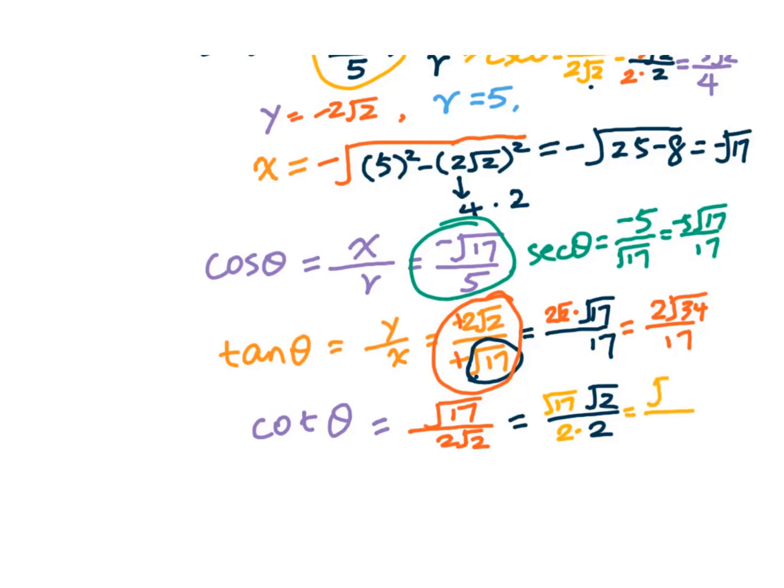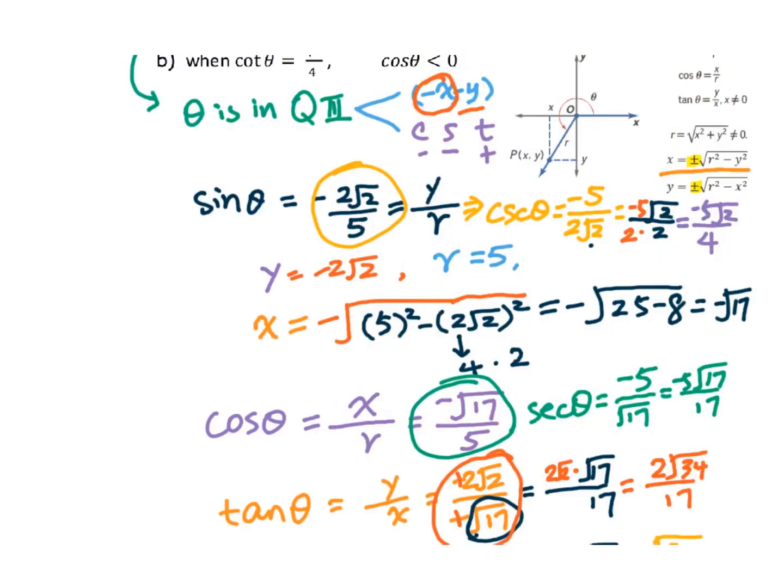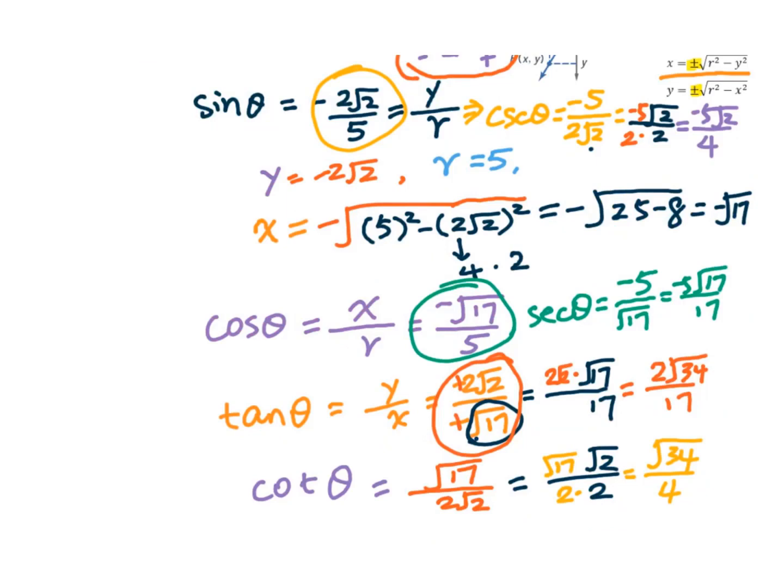So we got square root of 34 over 4. And you need to check the signs using this one. Tangent is positive, cosine and sine are negative. Tangent and cotangent are positive. So the rest of the four are negative: negative here, negative here, negative, negative. That means you are on the right track.